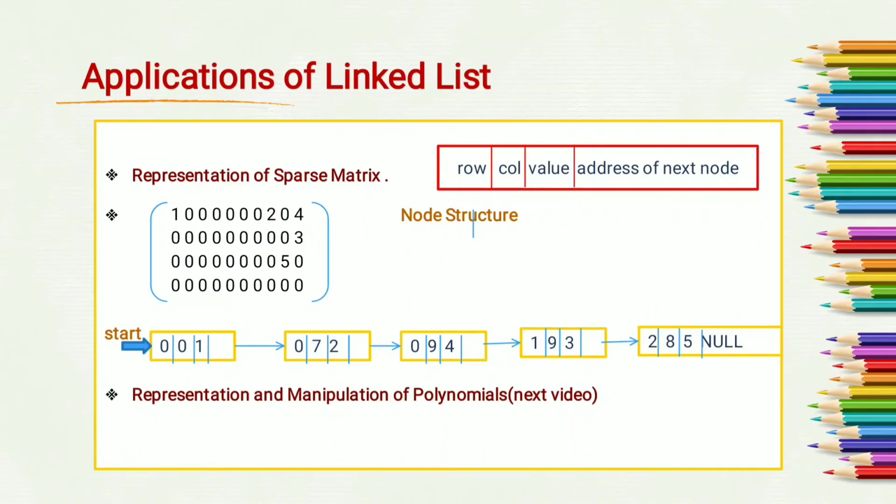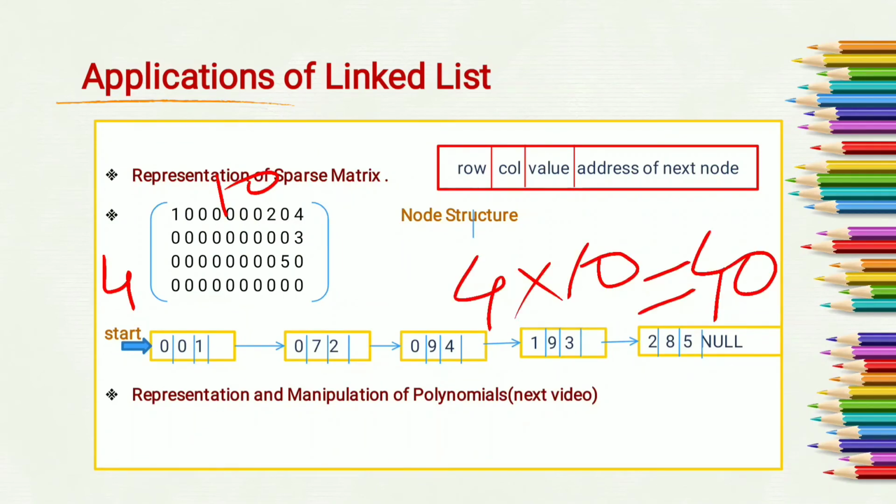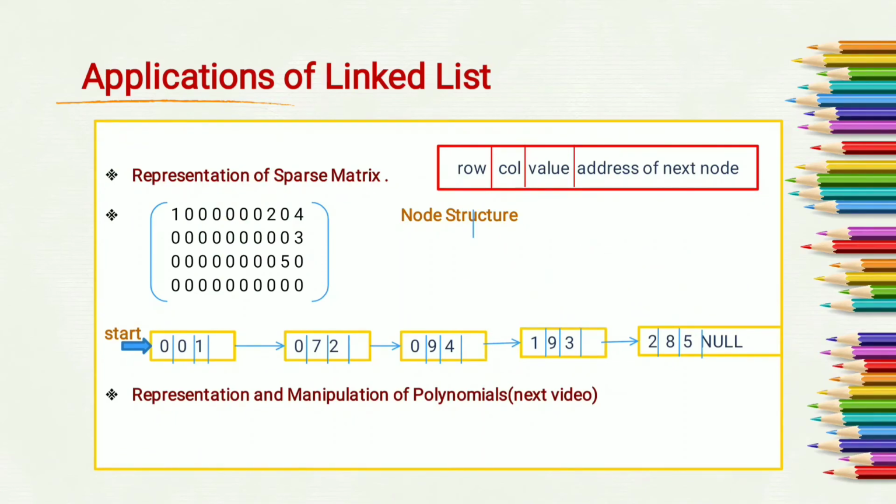To represent this matrix in array format we require, here you can see there are 10 columns and 4 rows, so we require space for 40 elements. But here you can see most of the numbers are 0. So why are we wasting our memory to store 0 values? To reduce the memory wastage, we represent a sparse matrix in linked list format.